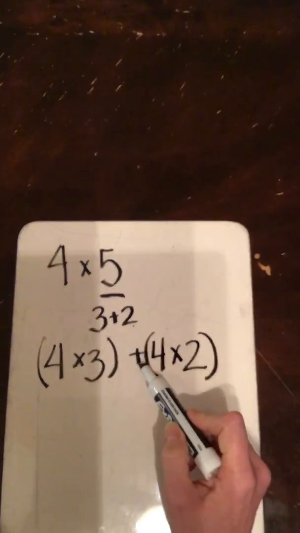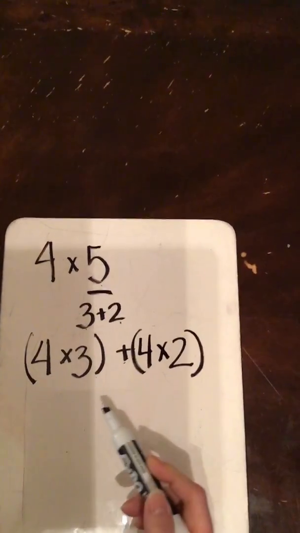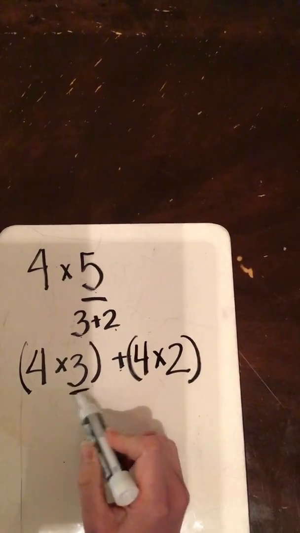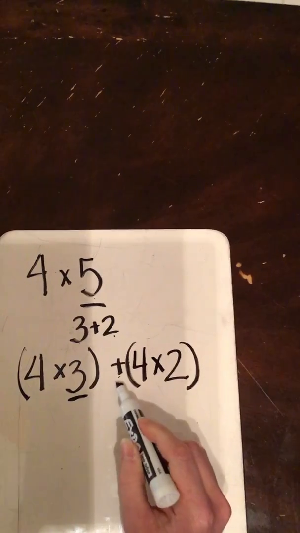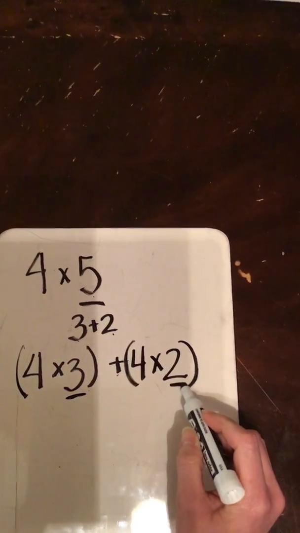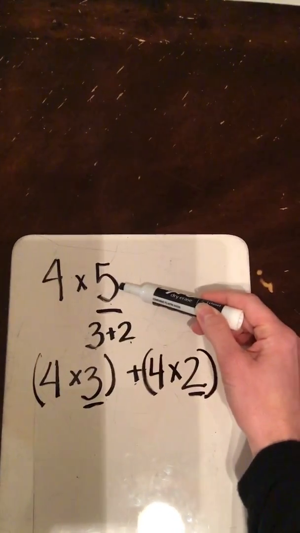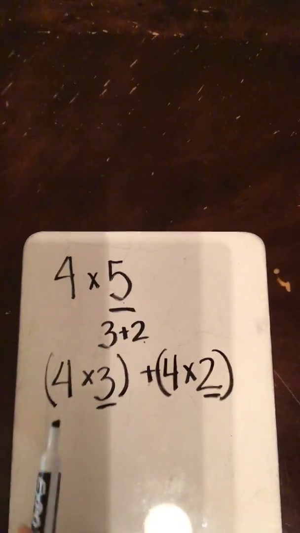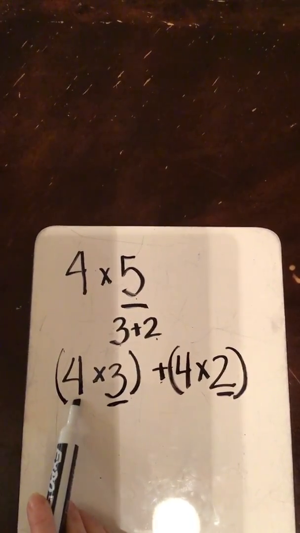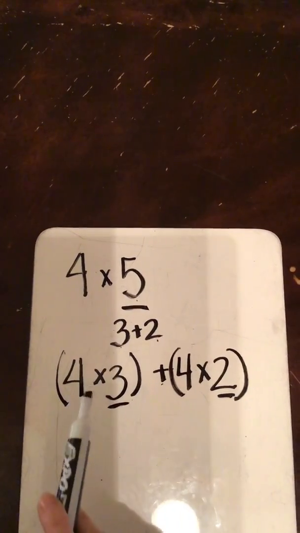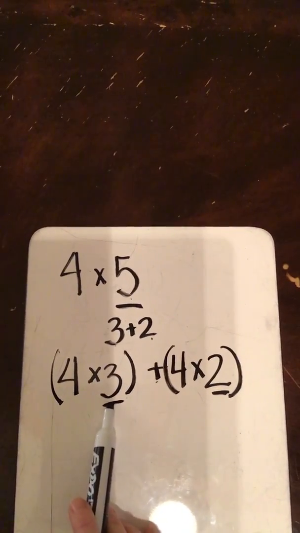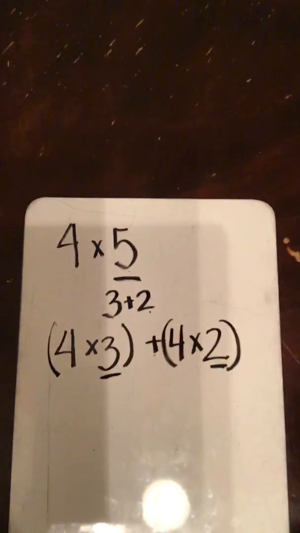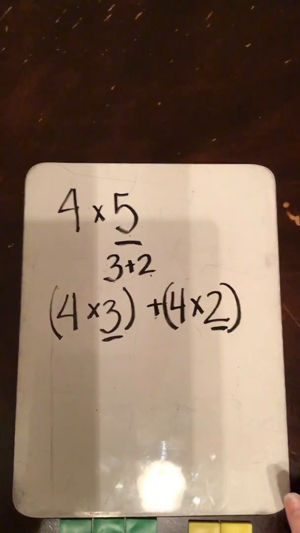Notice I still have my addition sign because that 3 adds to the 2 to give me the number 5. And all along this whole time, I'm multiplying 4 times 5, but I'm breaking the number 5 down into two smaller numbers that are more manageable for me.